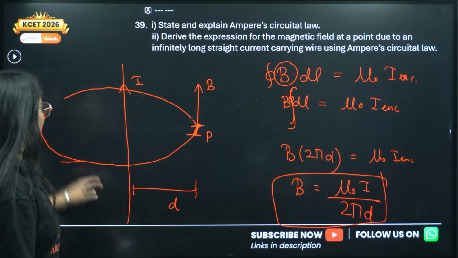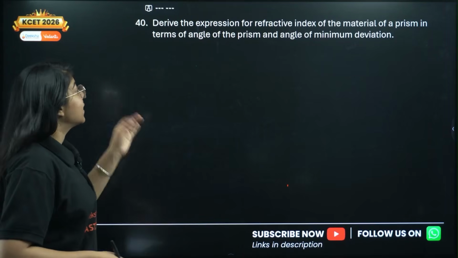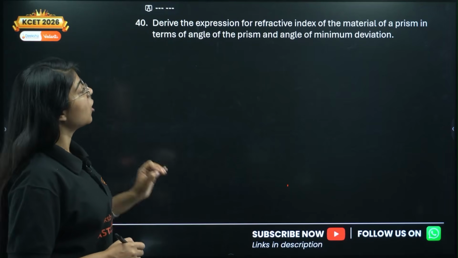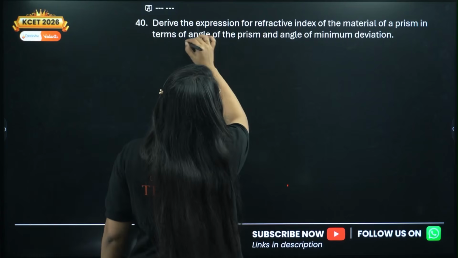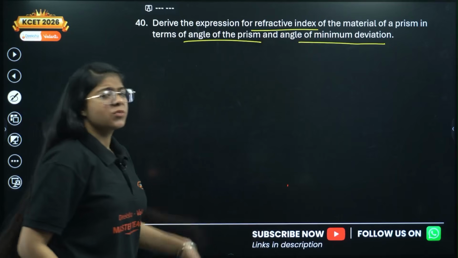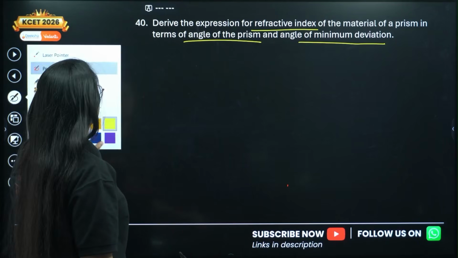Done? Okay. Moving on to question number 40, it says derive the expression for refractive index of the material of a prism in terms of angle of prism and angle of minimum deviation. So we have to find just the expression of refractive index in terms of these two angles.